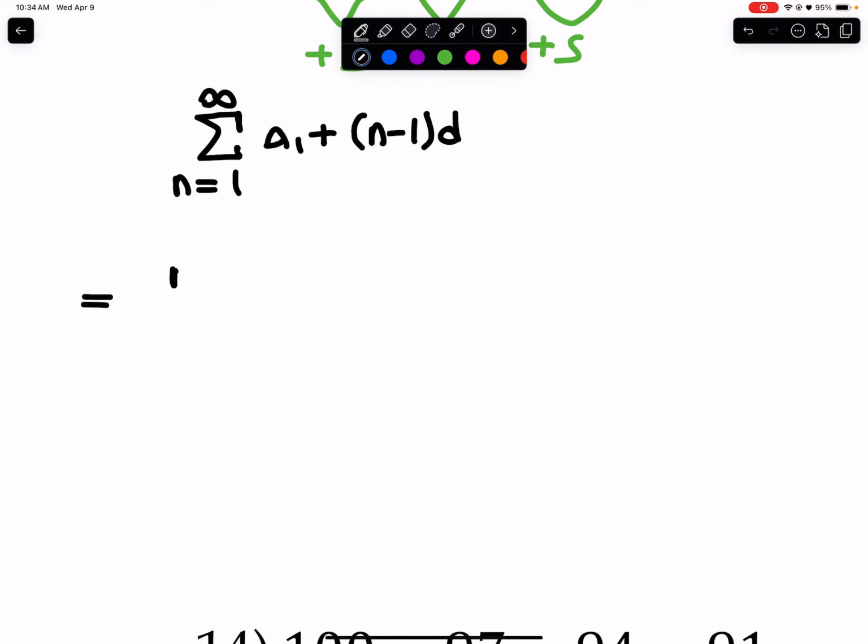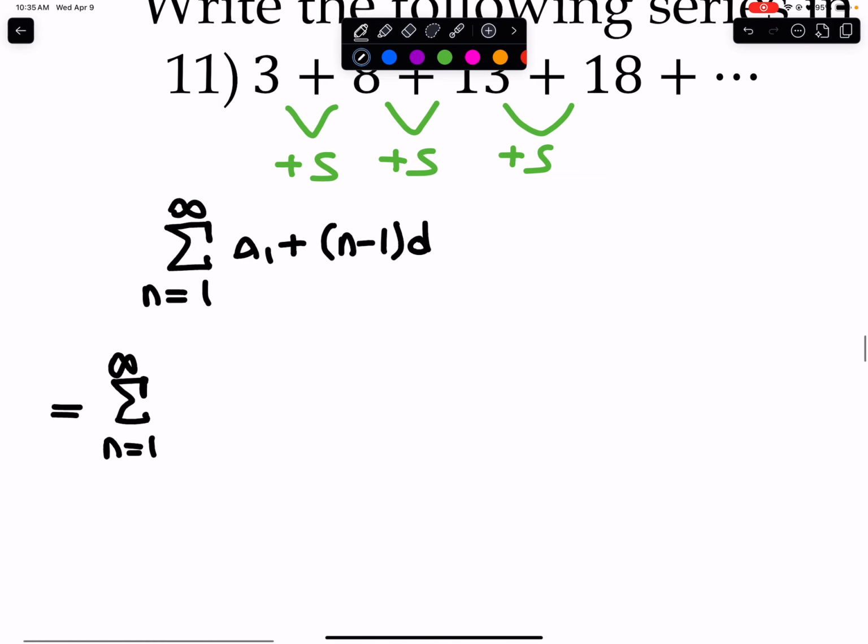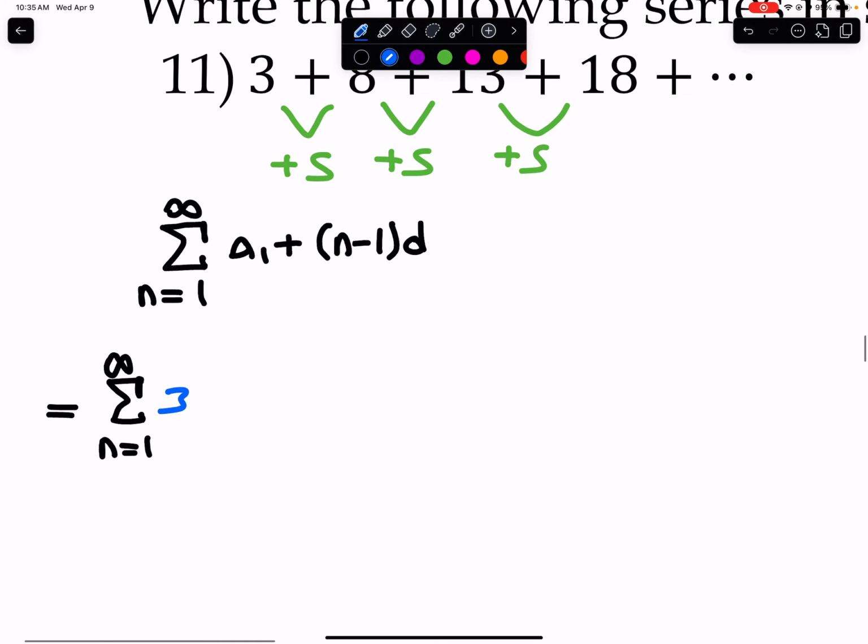So this turns into the sum from n equals 1 to infinity. I plug in the first term, which is 3, plus the term number, which we leave as n since that's what we're evaluating, and then you write in your common difference, which we know is 5.